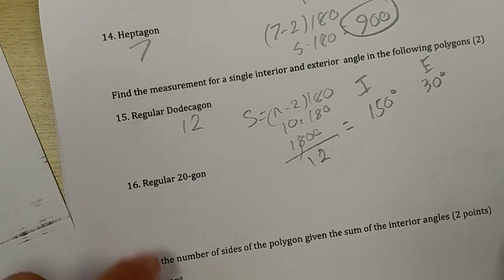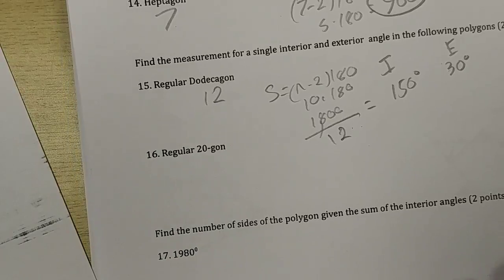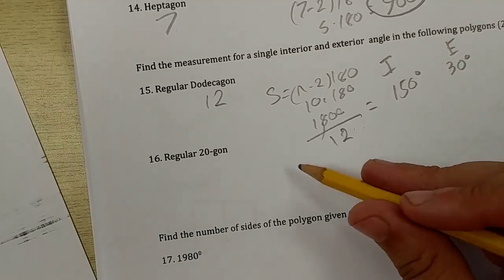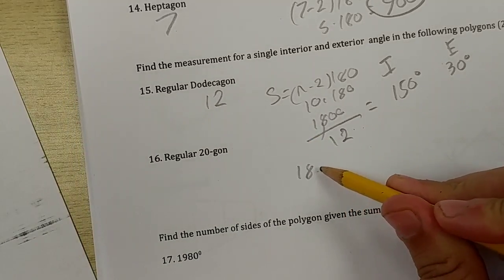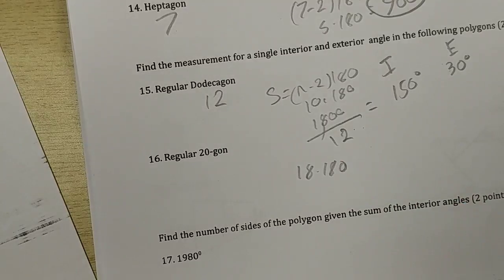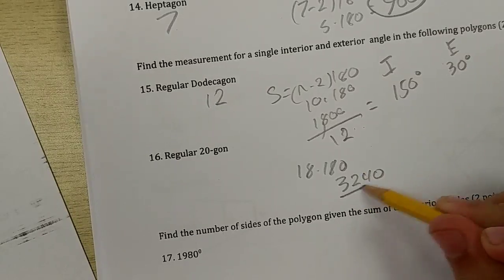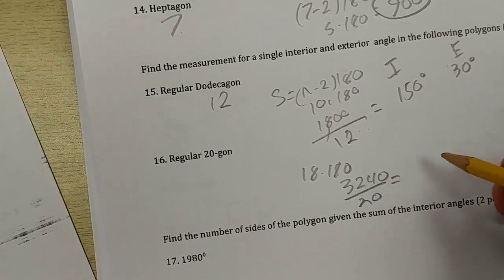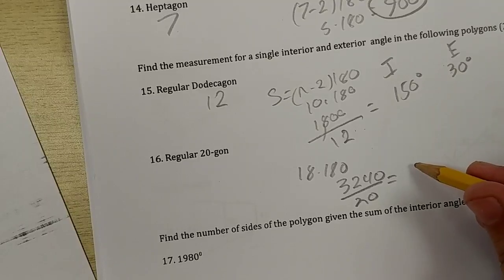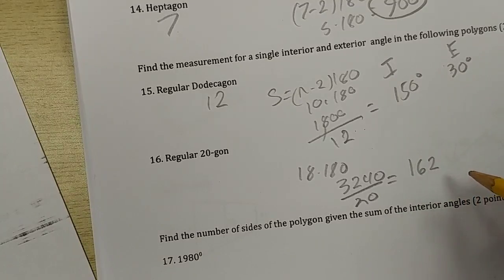Good. A regular 20-gon, a 20-sided shape. 20 minus 2 is 18, times 180 equals 3240. Then divide that by 20, which should be 162.